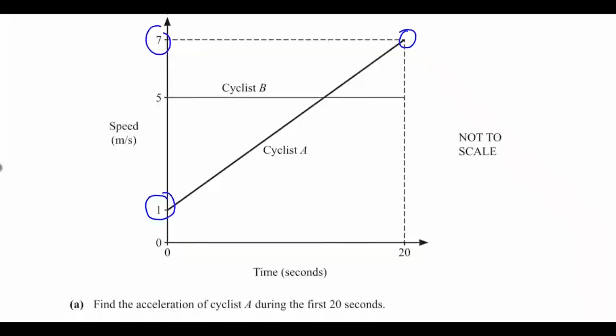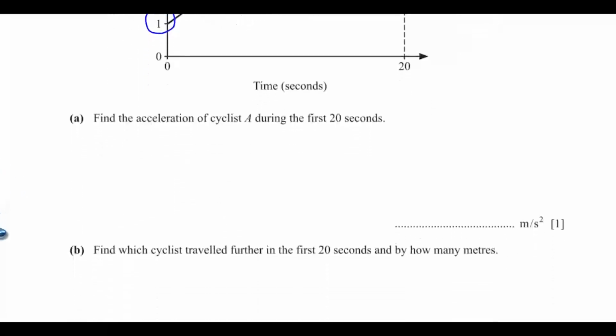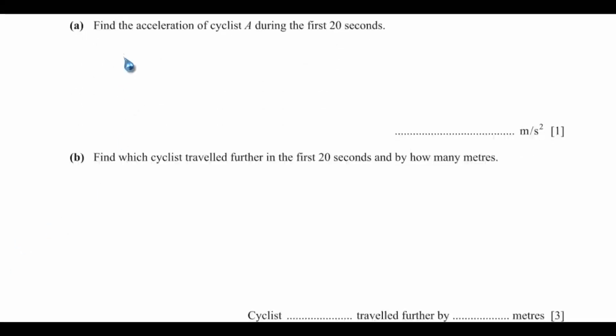So that will be 6 over the time, that is 20. So that's 6 over 20. If you do this, you will get 3 over 10, that is 0.3 meters per second squared. So we have 0.3 here.